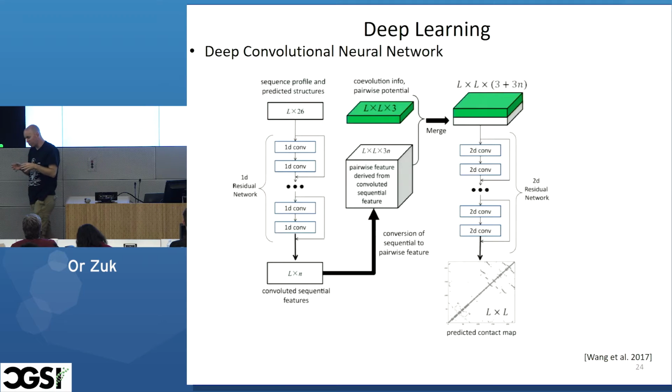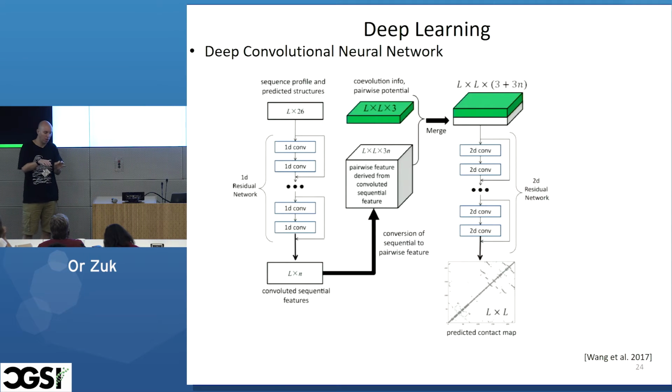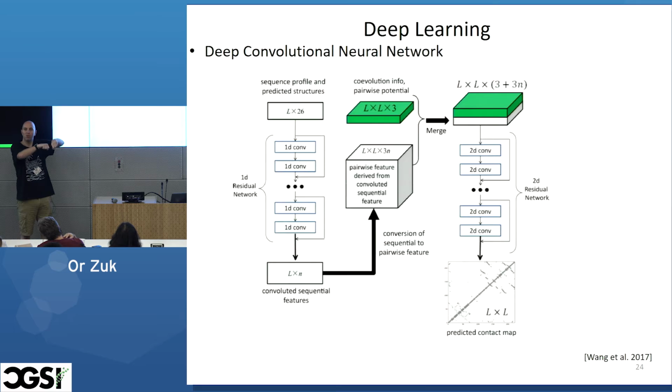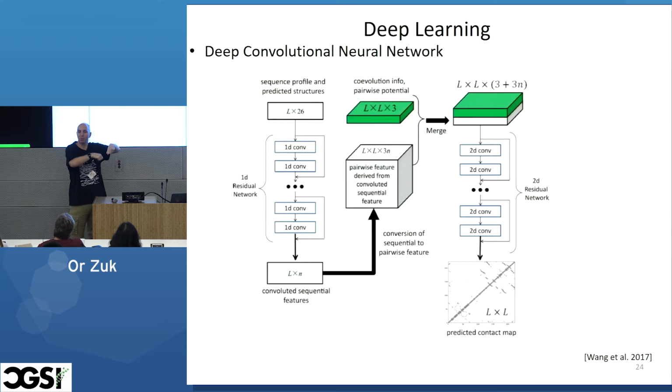You can think of these convolutions as averaging information locally. Because if you know that there is a contact between, let's say, amino acid number 7 and amino acid number 22, what does it mean? It means that they are close in 3D structure. It means that it's more likely to have a contact also between amino acid number 8 and number 23.